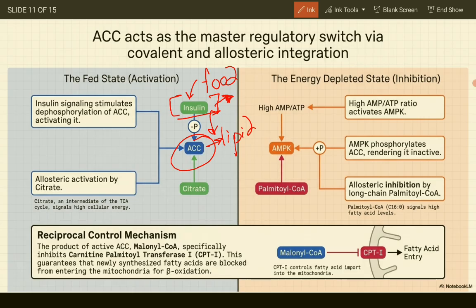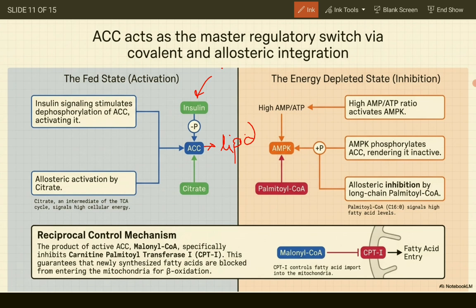So for that, insulin is being produced, and insulin acts in another way. It dephosphorylates, it removes the inactivating phosphorylation of ACC enzyme and makes this ACC active. Insulin dephosphorylates ACC and makes it active, and once ACC is active, it produces lipid.